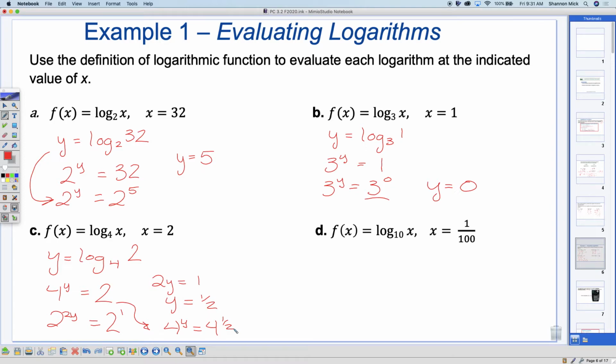Okay. y equals log base 10 of 1/100. So 10 to the y equals 1/100, which is 10 to the what? Well, 10 squared is 100, yes? But I gotta get it from the denominator to the numerator, so what do I have to do to the exponent?